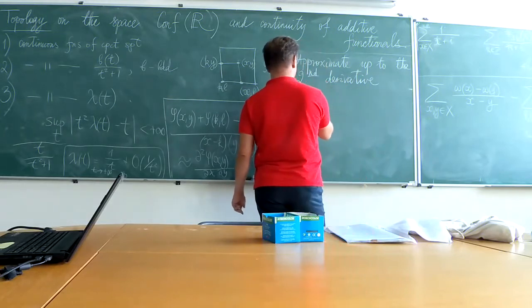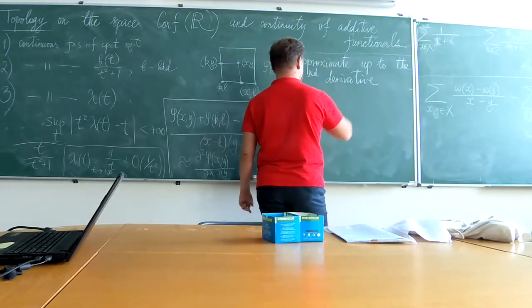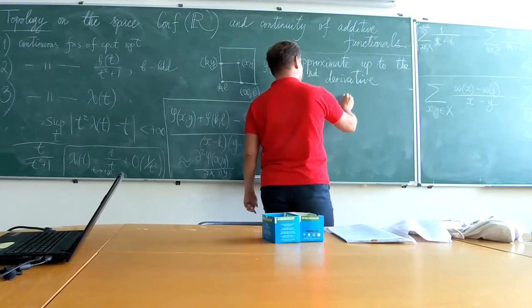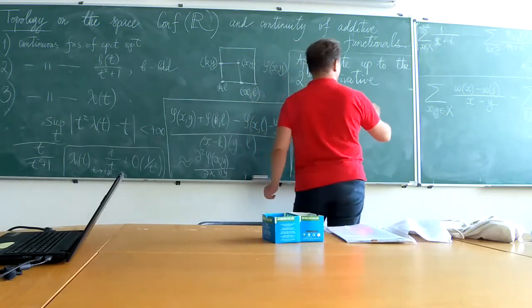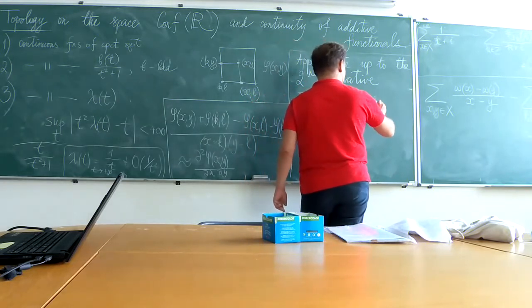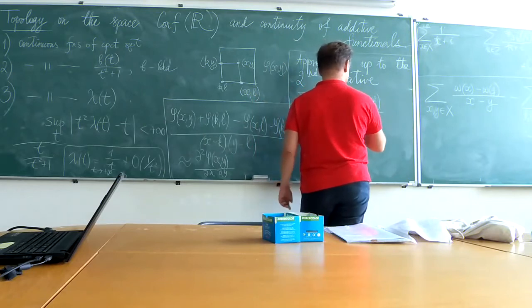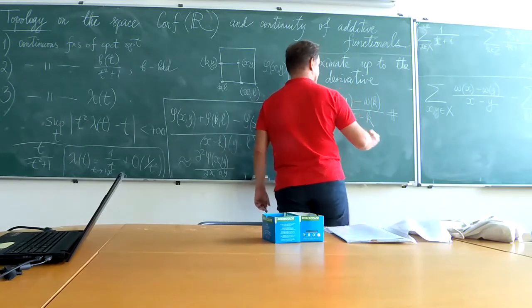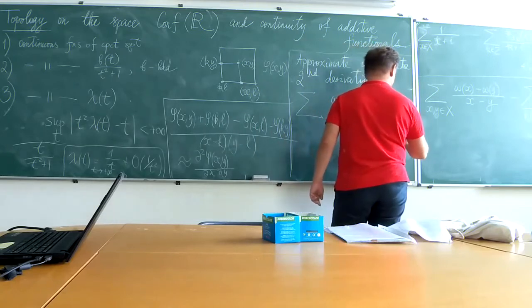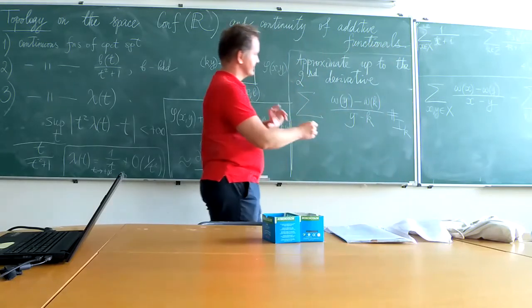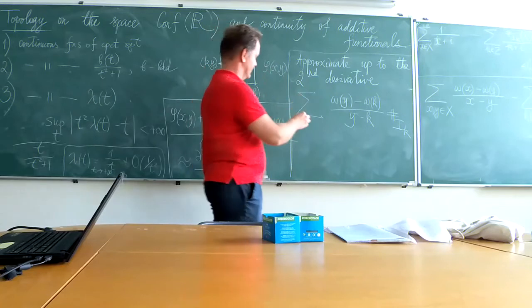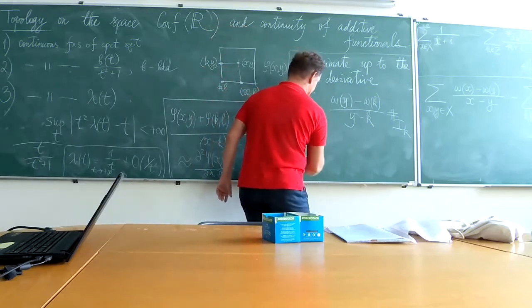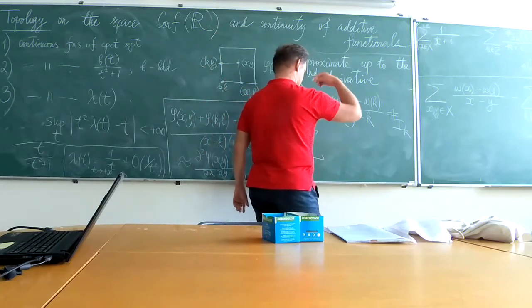So I need to write the sum over omega x minus omega k over x minus k. This will be 1. So one of the variables subtract and the other go. Then I write the same for the other one.